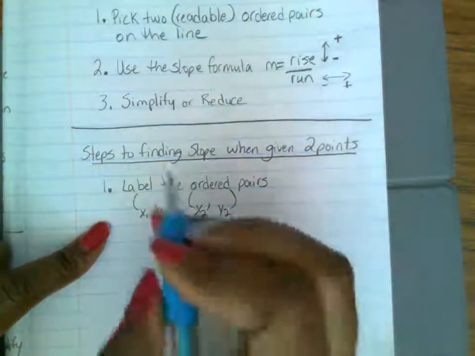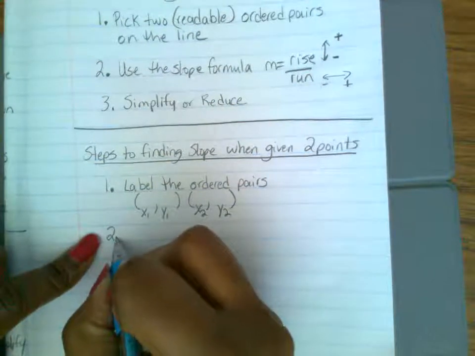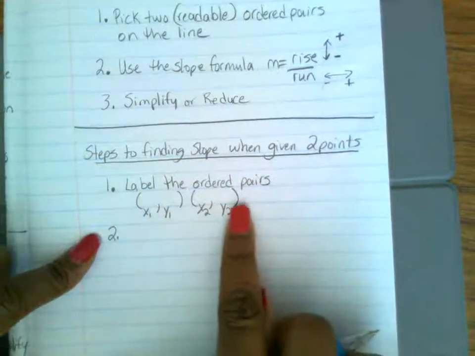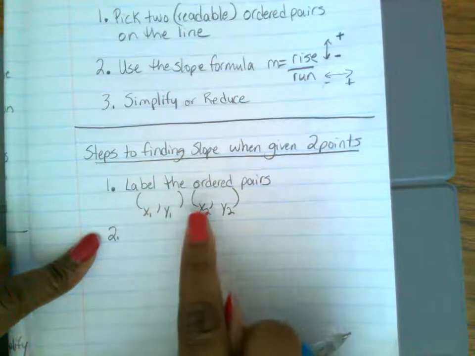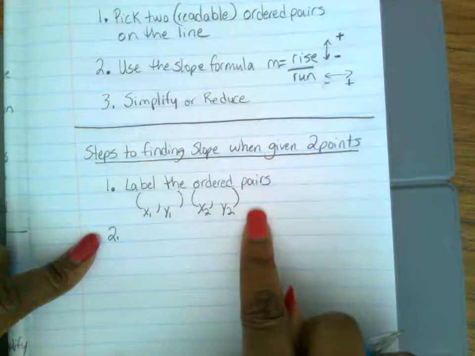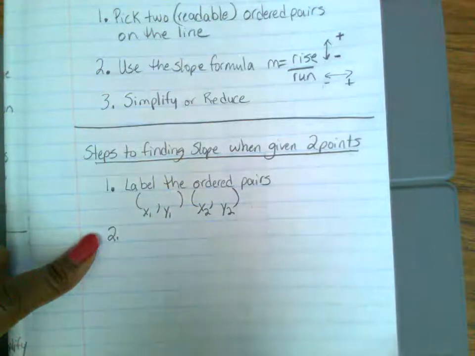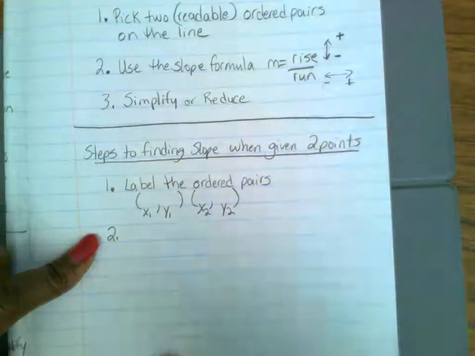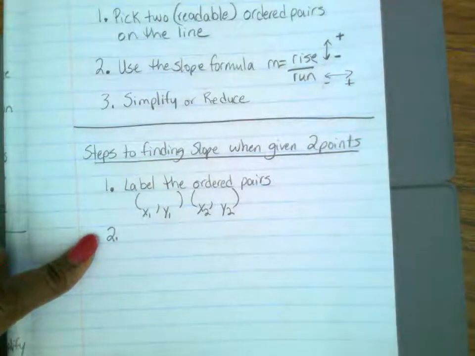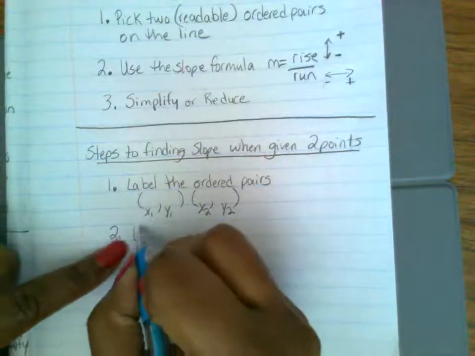Okay, step 2. After you label your ordered pairs, x1, y1 for the first point, x2, y2 for the second point, you're going to use the slope formula y2 minus y1 over x2 minus x1.